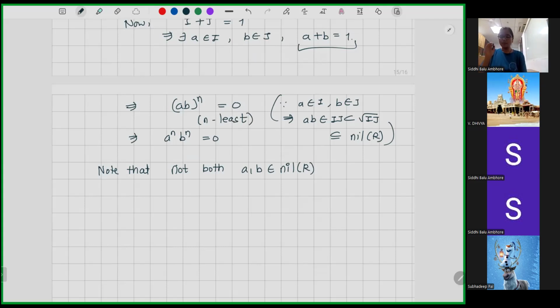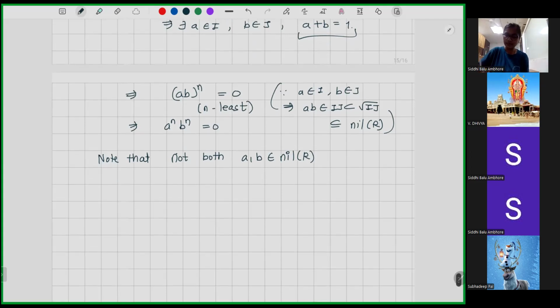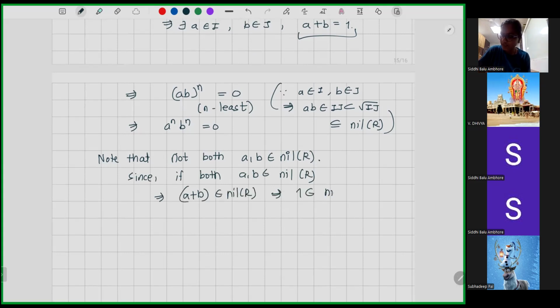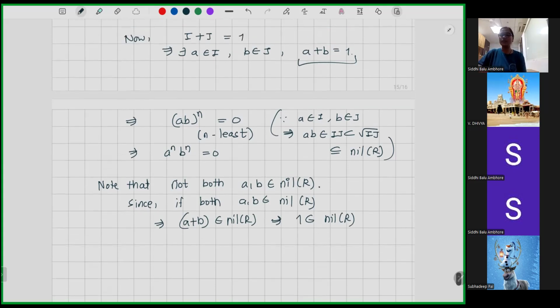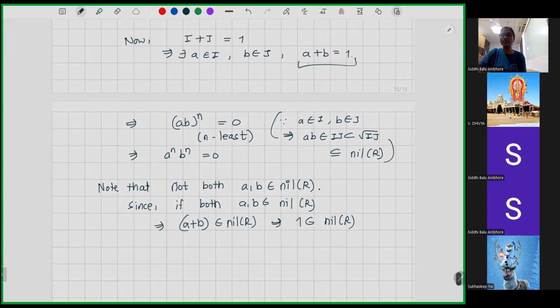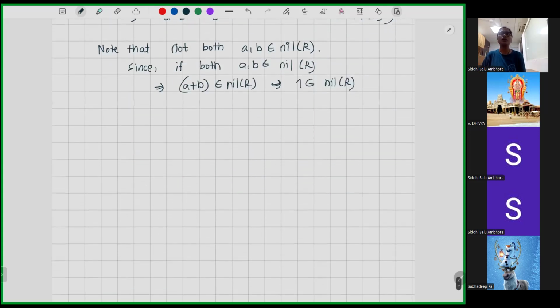Not both A and B are in the nil radical, because if both A and B belong to the nil radical of R, this will imply A plus B belongs to the nil radical of R. This implies 1 belongs to the nil radical of R, which is definitely not true because we chose A and B such that A plus B is 1. So these both are non-zero.